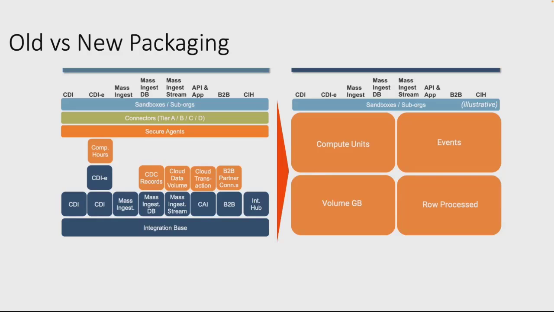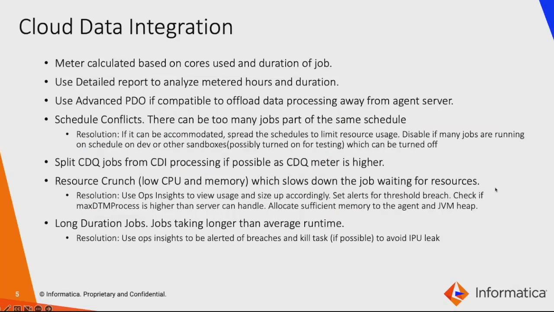There'll be meters which calculate based on events. There'll be meters, for example, like mass ingestion, which will calculate based on volume per GB, or even like CDC or mass ingestion database, for example, which will calculate based on rows processed. So just the meter alone would be different, but it gives you the complete flexibility on what cloud services you can use. So let's get started on integration as the first service.